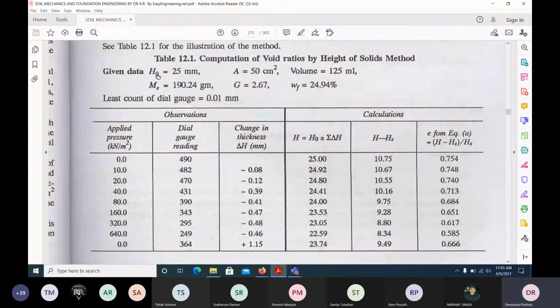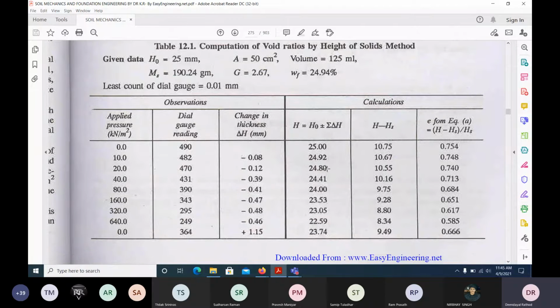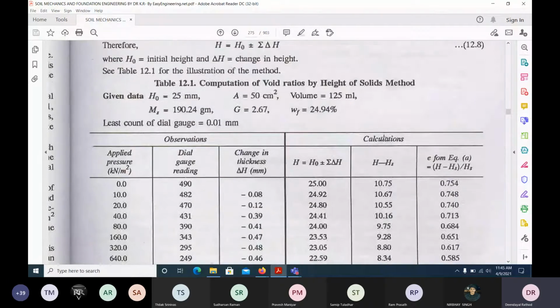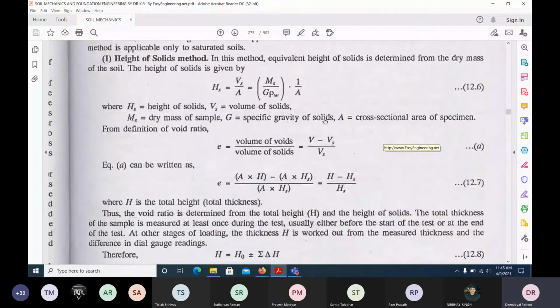H naught we know is 25, plus or minus the change: 24.92, 24.80, and so on. Then from H minus Hs, how do we find Hs generally? We can get Hs from this equation: mass of solids we know, specific gravity we know, density of water we know, area we know.